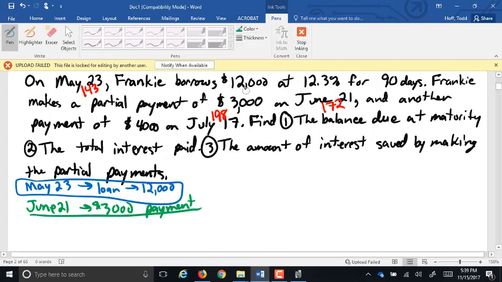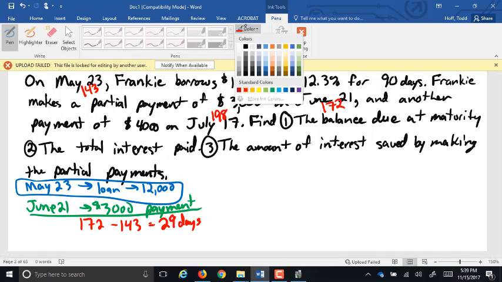So we need to figure out our days there. That's going to be 172 minus 143, which is 29 days.